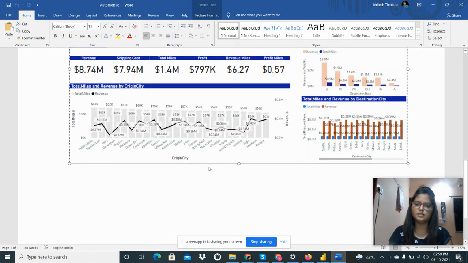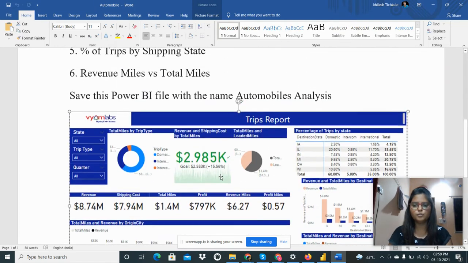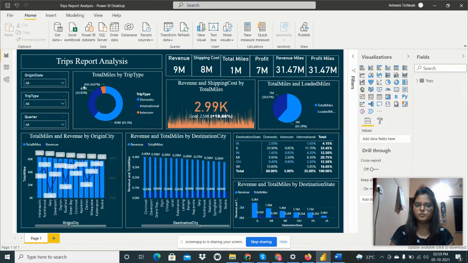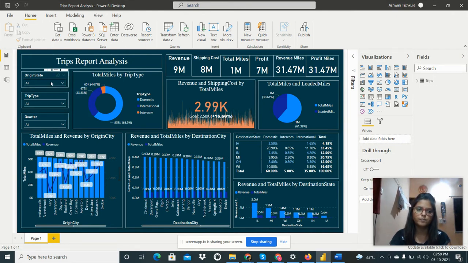It should be like this. Okay, let's move towards the Power BI report, and this is the report I have made. I have added the heading as the trip report analysis. Then I have added the slicers for origin state, trip type, and quarter.